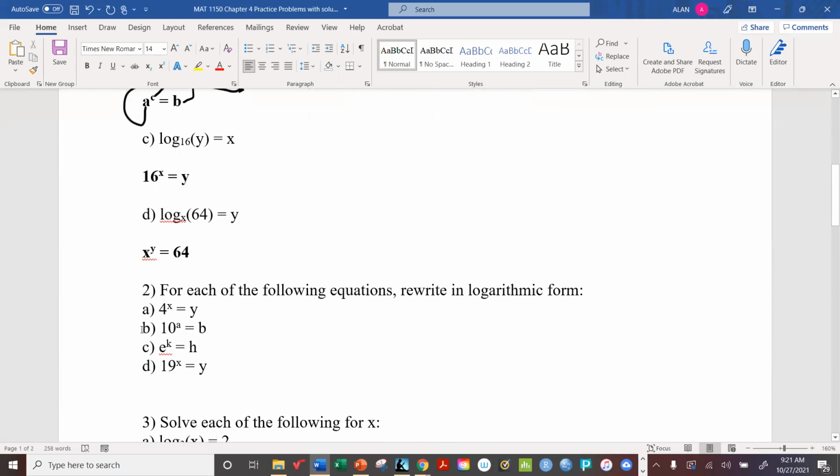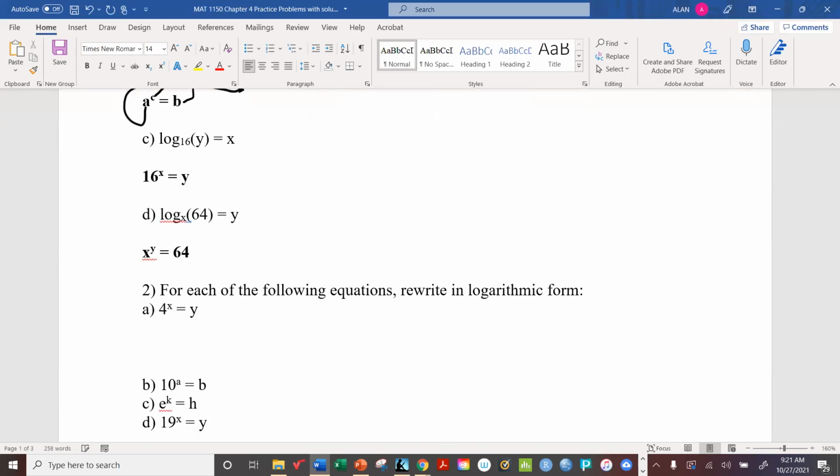Now here we're going the other direction, okay? So this one might be a little trickier, but just bear in mind, this is the base of your log, and this y is what you're taking the log of.